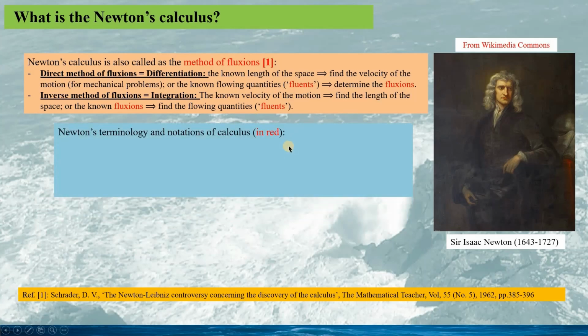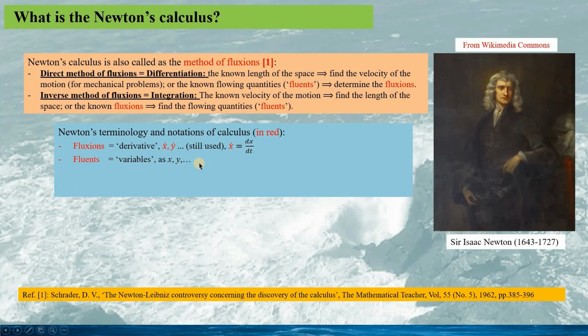In Newton's terminology and notation for calculus, fluxions, equivalent to the derivative, Newton wrote as x dot, y dot. This is still used in modern calculus. Here, x dot is the differentiation of x with regard to a variable t.